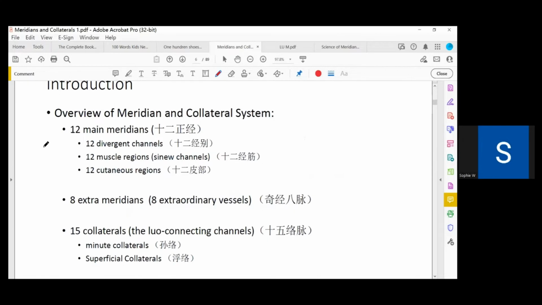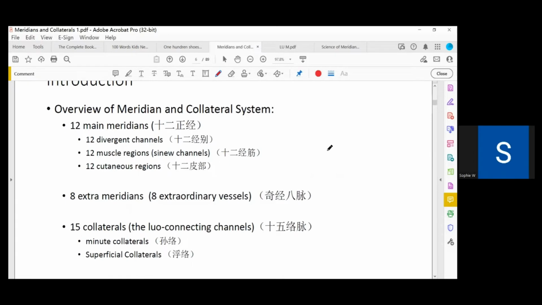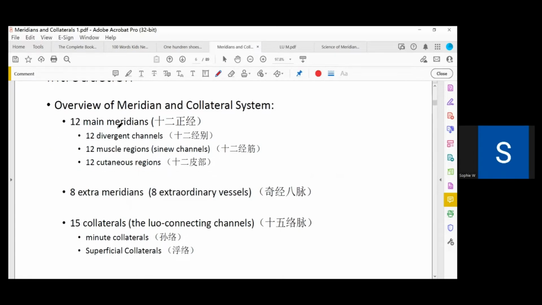Okay, let's take a look at the meridian collateral system. We have 12 main meridians. And under these 12 main meridians, we have 12 divergent channels. We have 12 muscle regions, or sometimes some people call it sinew channels.